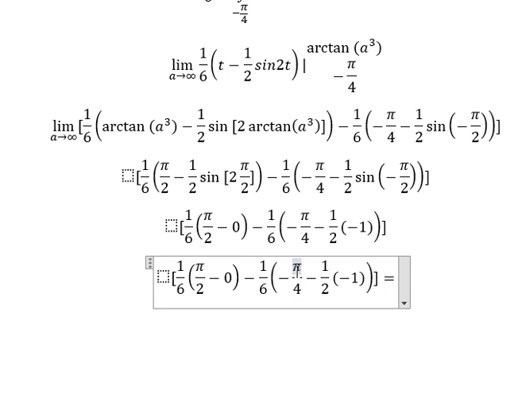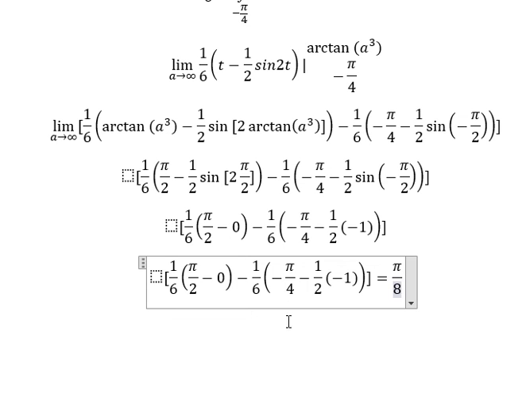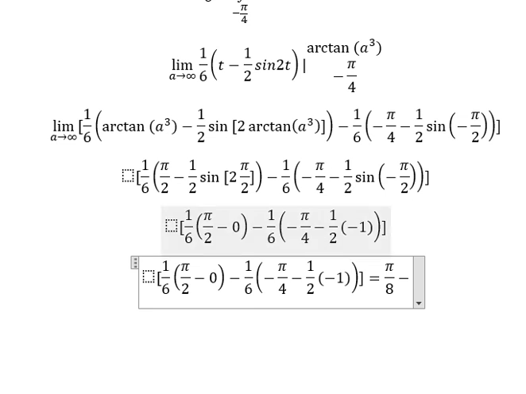And this one we have pi over 8. Next, this one you got 0. Negative 1 over 6 multiplied by negative 1 over 2 with negative 1. So we have negative 1 over 12.